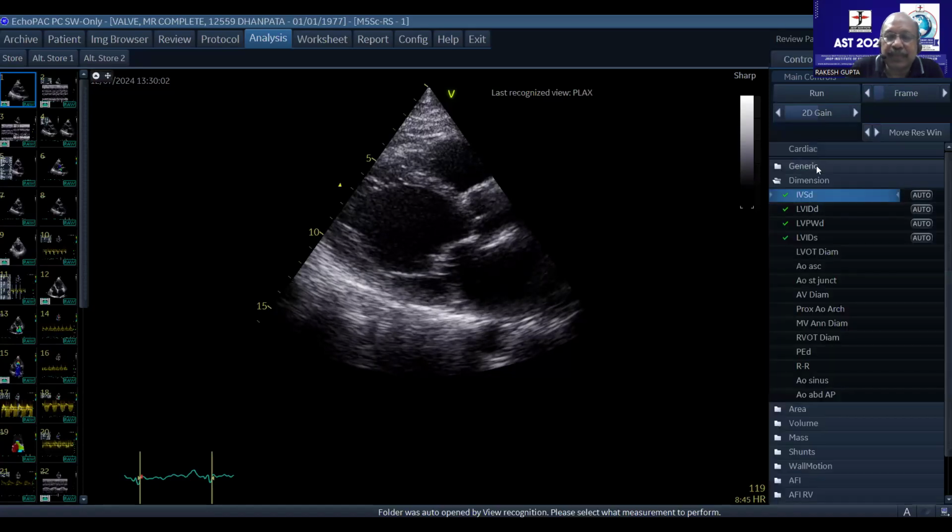We don't have the facility of ECG, sir. Then we have to find the closure of both walls, sir. If you don't have a facility of ECG, what does that mean? Our machines don't have the facility, or our patients do not allow chest leads. Which machine are you using?